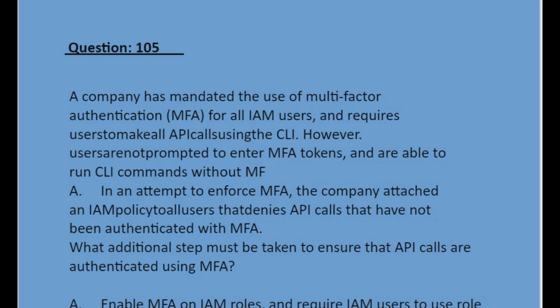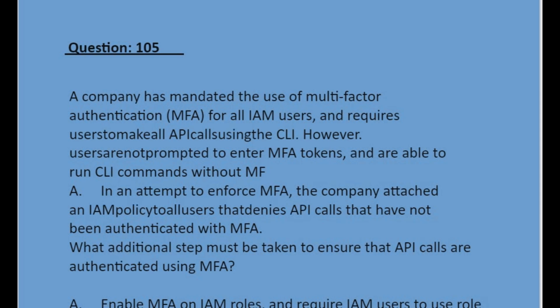Question is, a company has mandated the use of multi-factor authentication (MFA) for all IAM users and requires users to make all API calls using the CLI. However, users are not prompted to enter MFA tokens and are able to run CLI commands without MFA.